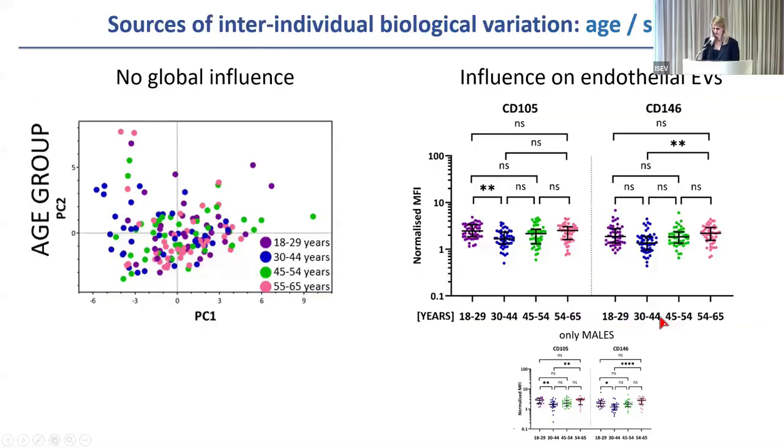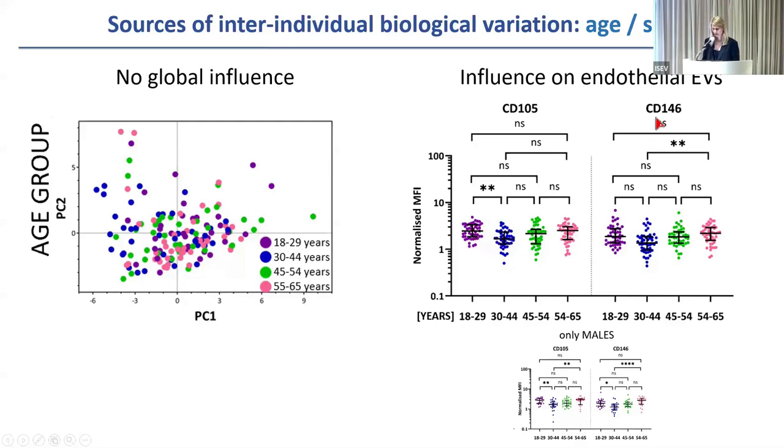And when we tried to understand the source of this biological variation, again, no global influence, but we could detect some specific influences of, let's say, age, and you will see later also sex, on endothelial EVs. So if we look at CD105 expression on these tetraspanin positive EVs, we could see that there is a difference between age groups.